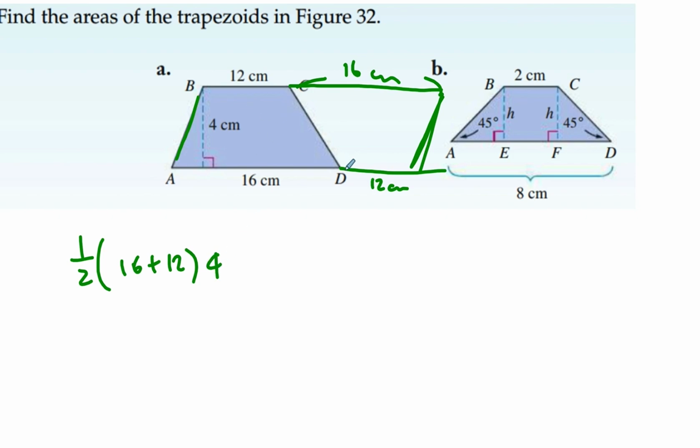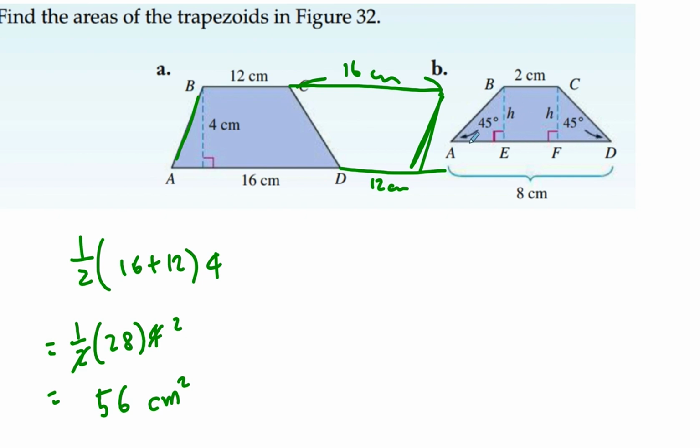And you are taking only half of that parallelogram, so we're going to take 1/2 of 16 plus 12, 28 times 4. If we are taking half of that, it will be 56. What is the unit? Square centimeter. Right?